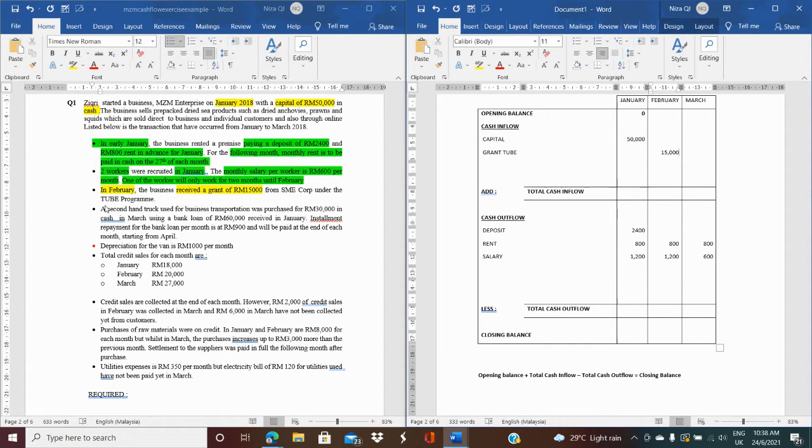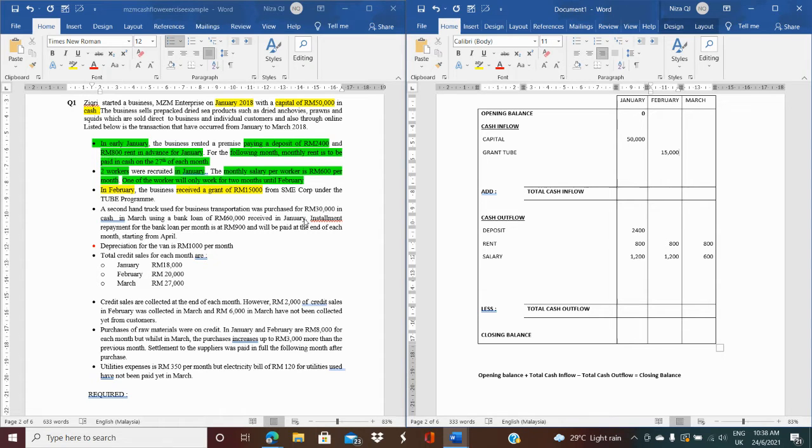The fourth transaction: a second-hand truck used for business transportation was purchased for 30,000 in cash in March. So this happened in March. How was the truck purchased? Using a bank loan of 60,000 received in January.